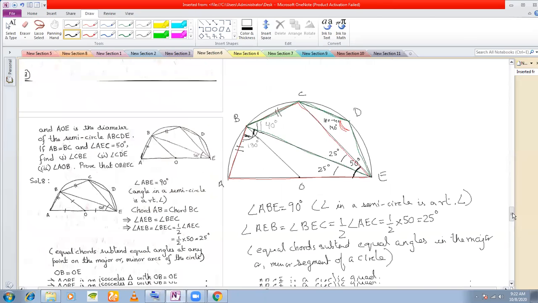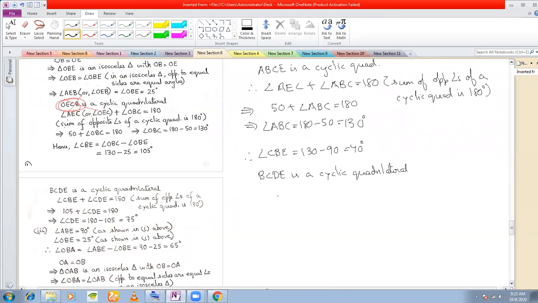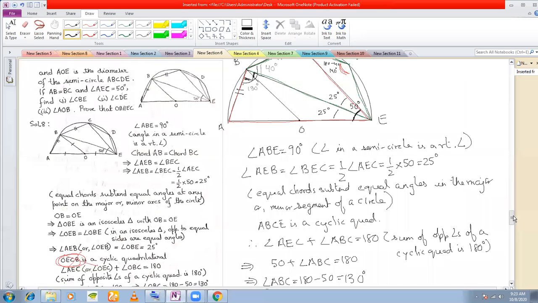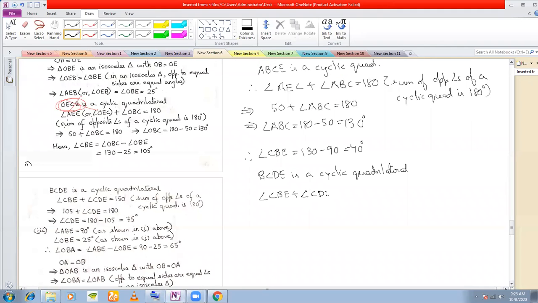Therefore, angle CBE plus our unknown angle, CDE, is equal to 180, because the sum of opposite angles of a cyclic quadrilateral is 180 degrees.